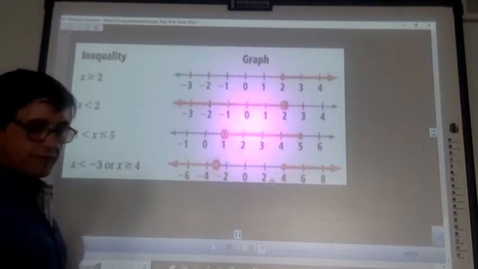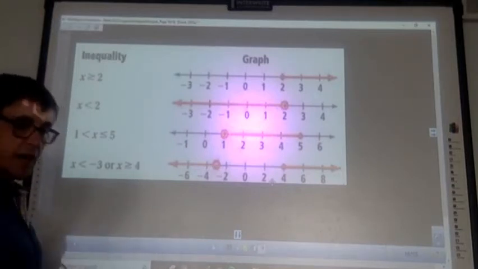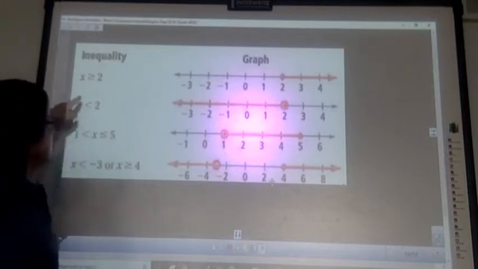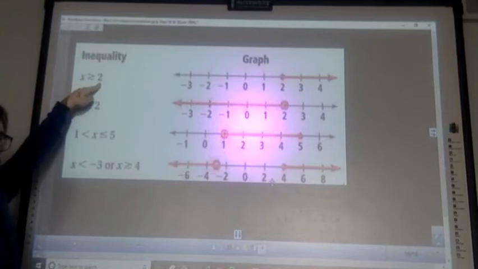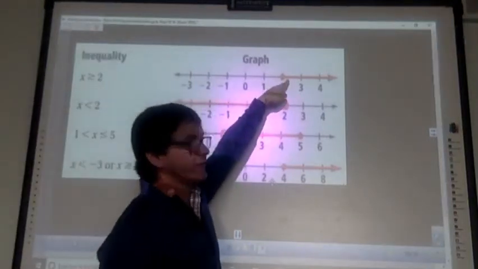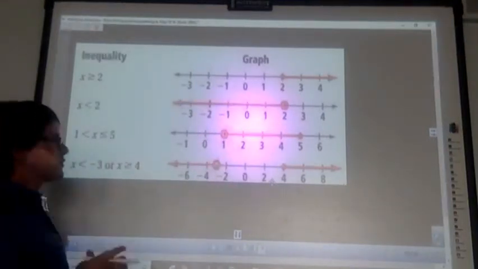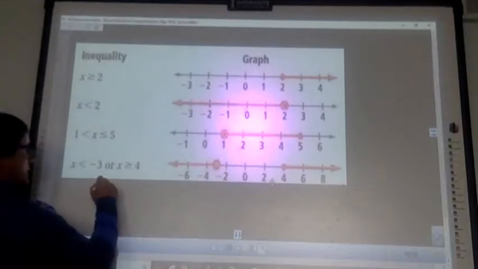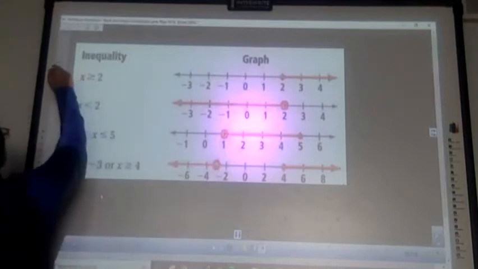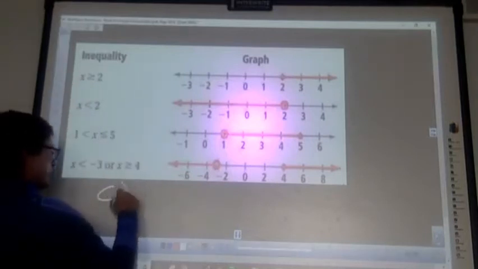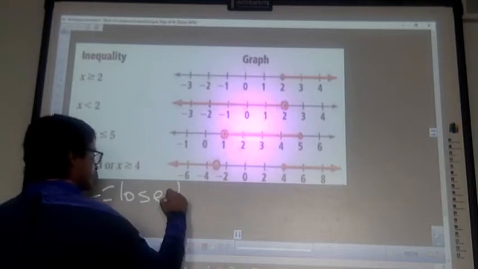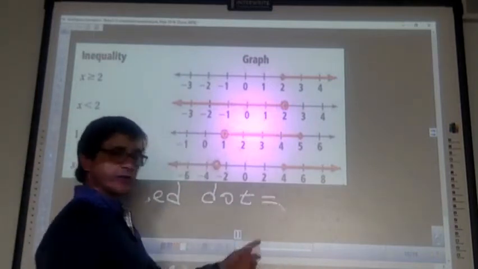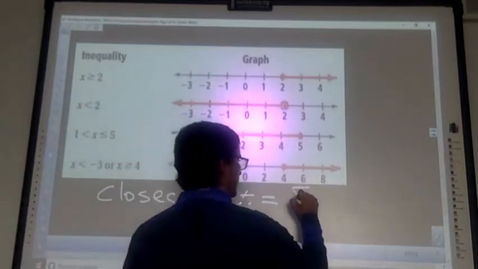Interval notation. Okay, we're going to make some rules to talk about interval notation as we go through these. But we're starting with a graph. X is greater than or equal to 2. So if you have a closed dot, we're going to use brackets or parentheses with this interval notation. A closed dot is always a bracket.